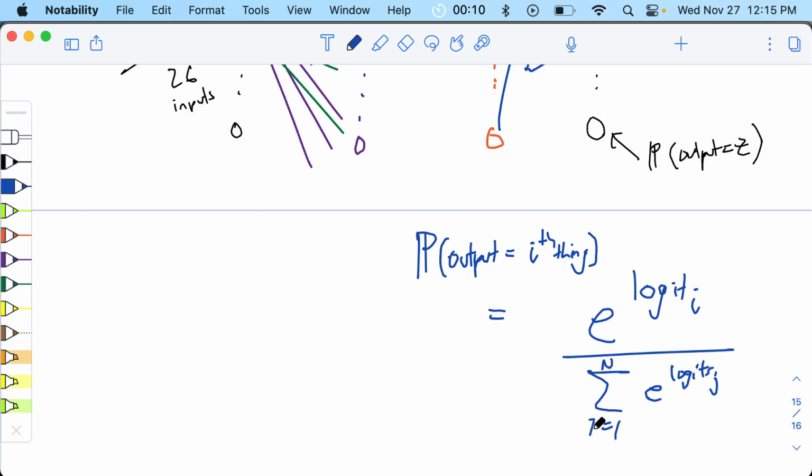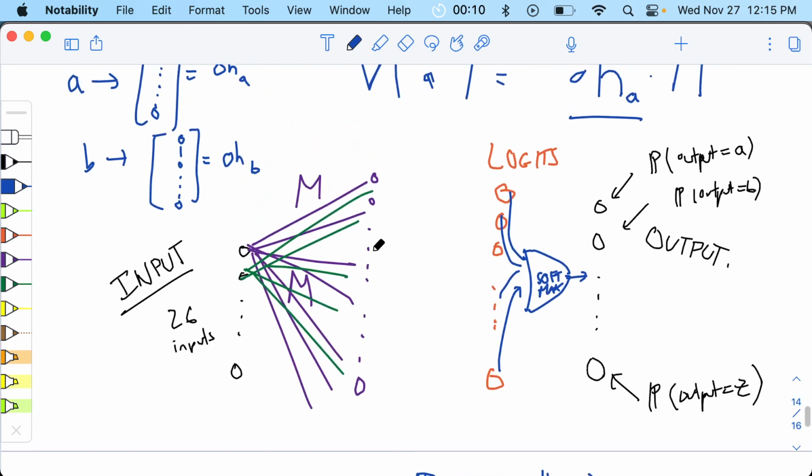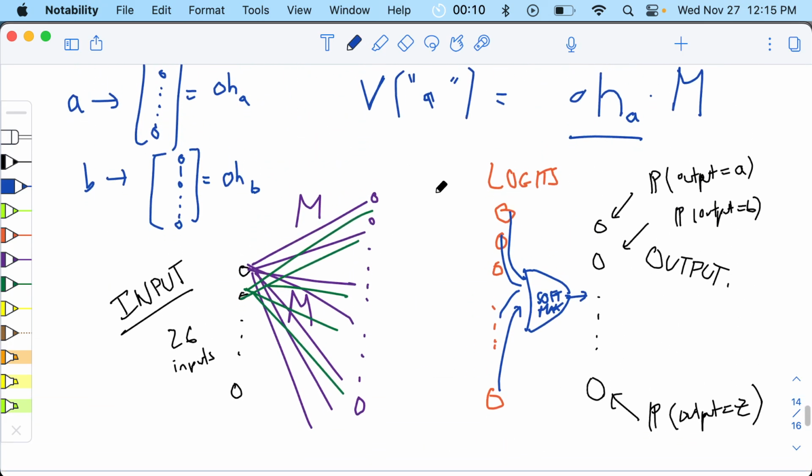N is 26 in this case. And that's the softmax function. It says take the logits, exponentiate them, and divide by the sum, and that will give you the probabilities. Okay, so this is what every type of neural network that does this kind of task would do.